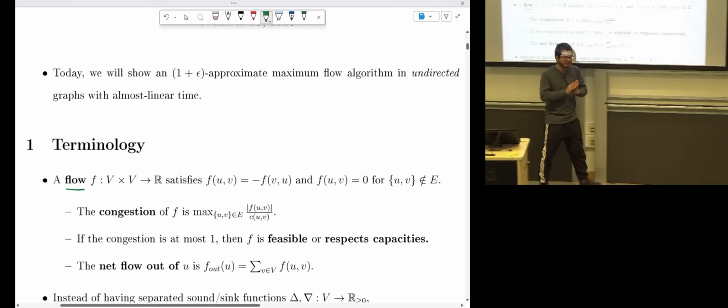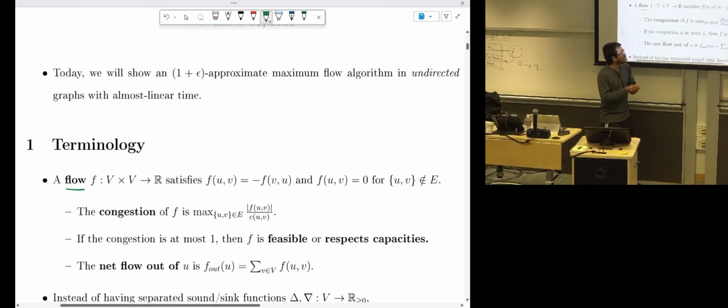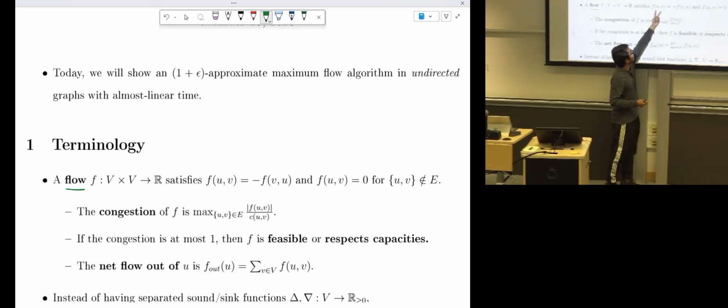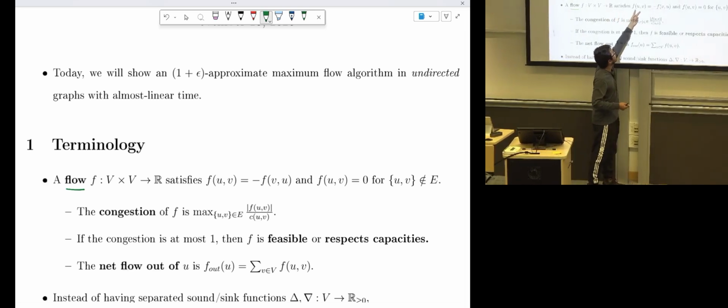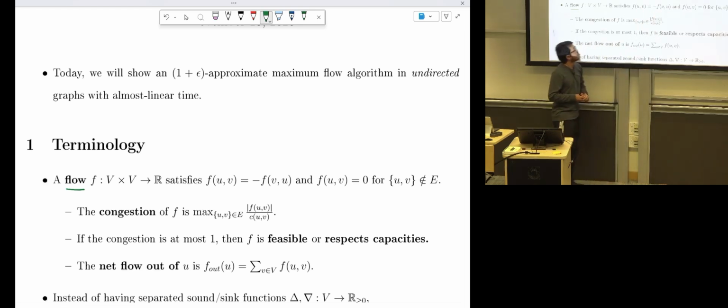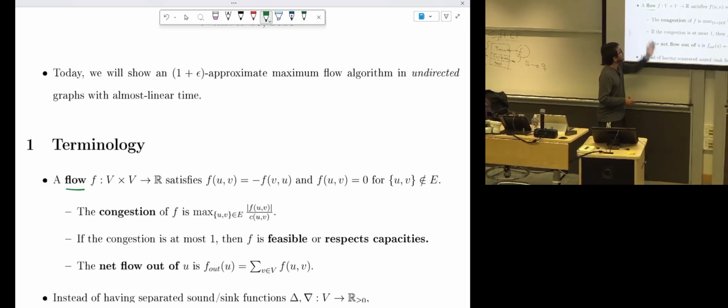So basically it just assigns values to edges, and here we have the flow from u to v is basically the negative of the flow from v to u. Okay, this is just the flow.